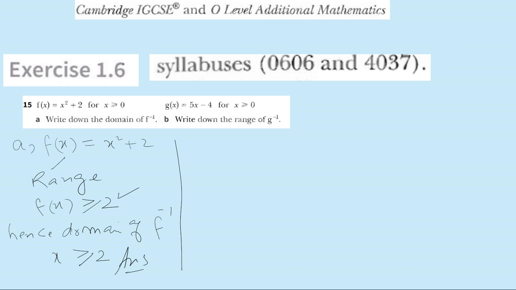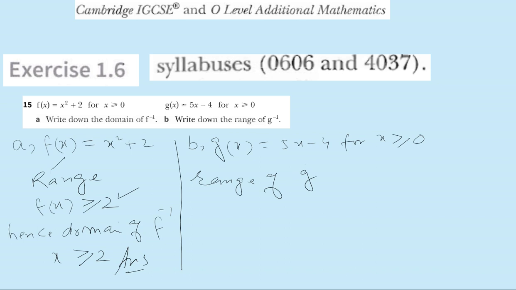Now, see part B. Write down the range of g inverse. So g(x) is 5x minus 4 for x greater than or equal to 0. The requirement is the range of g inverse.